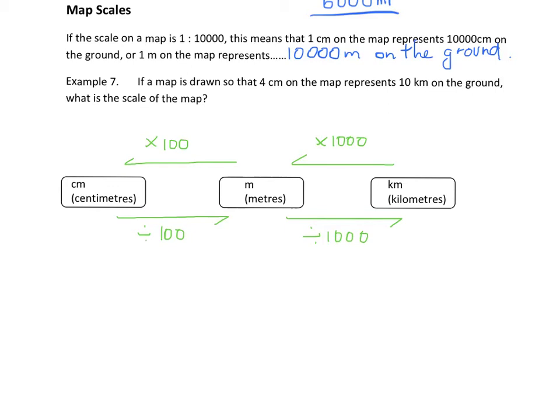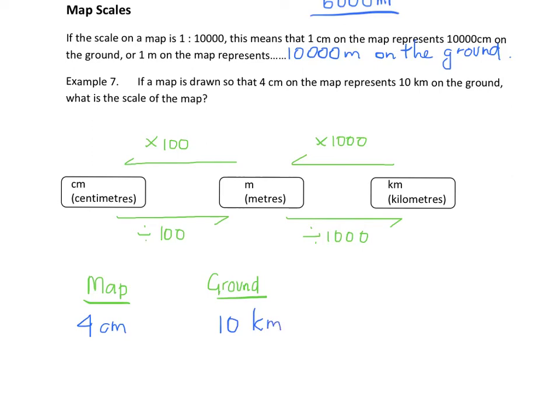Okay, so now let's go back to what we were given. We were given on the map and on the ground. And we were told that 4 centimetres on the map represented 10 kilometres on the ground.